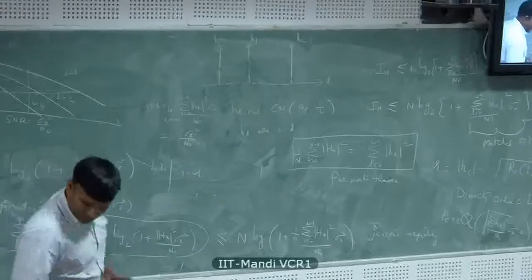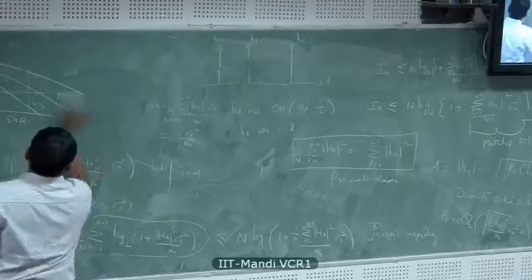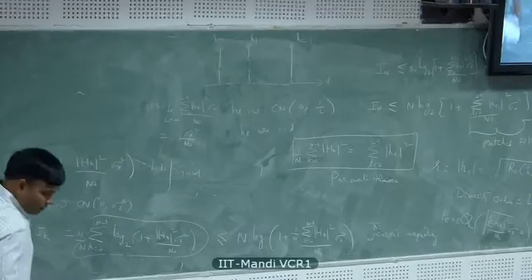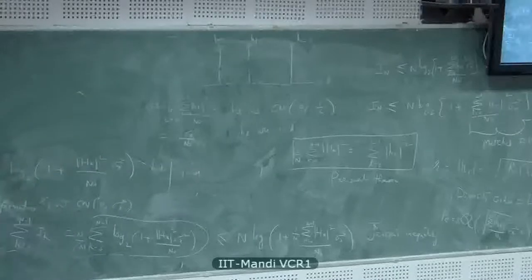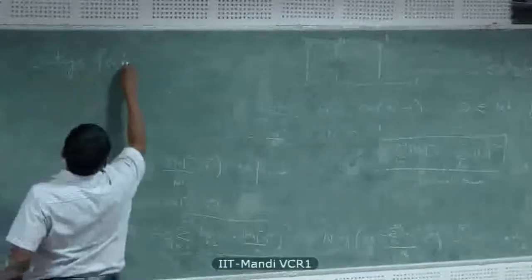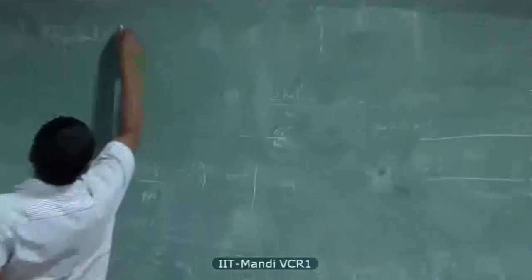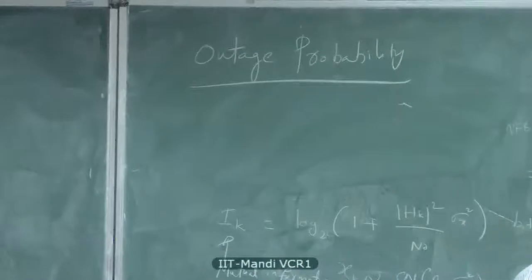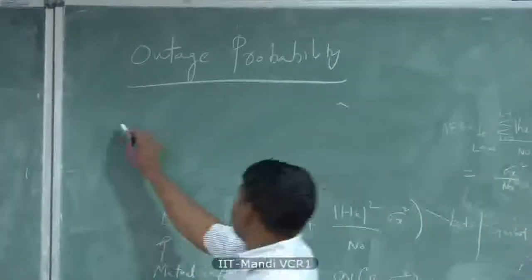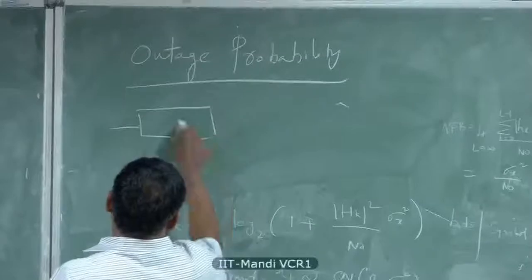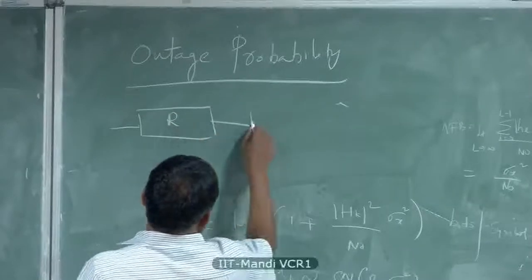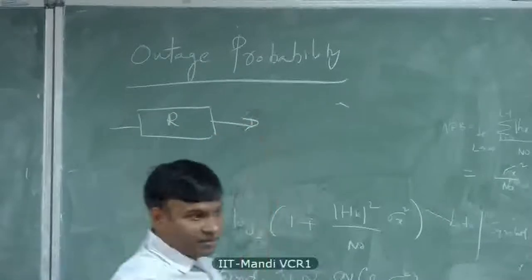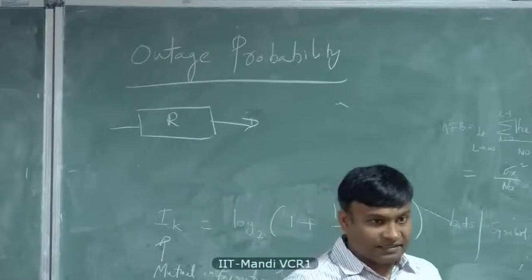Okay, let me write down the definition for an outage probability. You choose a rate R at the transmitter. The transmitter chooses a rate R and transmits information. Does it make sense?